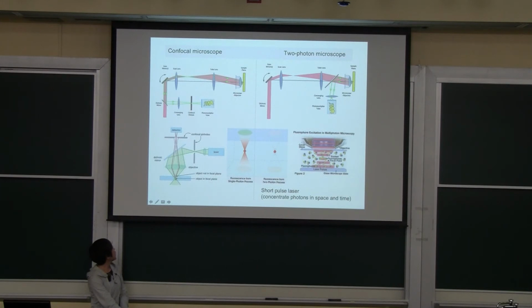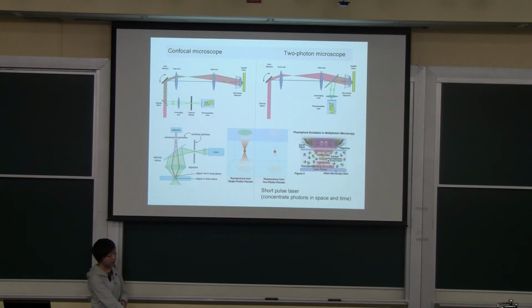If you follow this solid line, it passes through this pinhole and reaches the detector. But anything above or below this plane, if you follow this path, that light cannot reach your detector. This is one technique called optical sectioning, so you can image only one single plane of your sample.